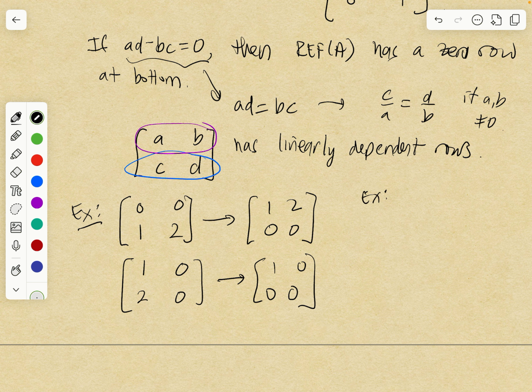So another example might be something like 2, 3, 4, 6, right? In this case, AD minus BC is 0, and you see that the second row is just a scalar multiple of the first row. And this matrix will reduce to a matrix with a 0 row.